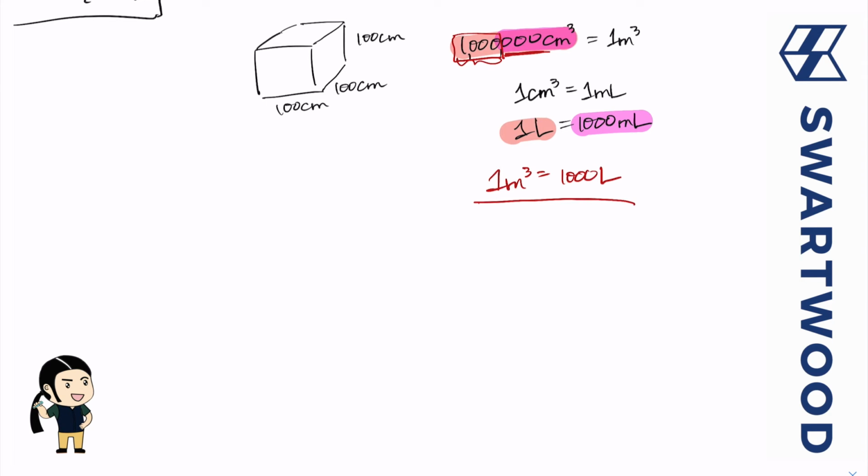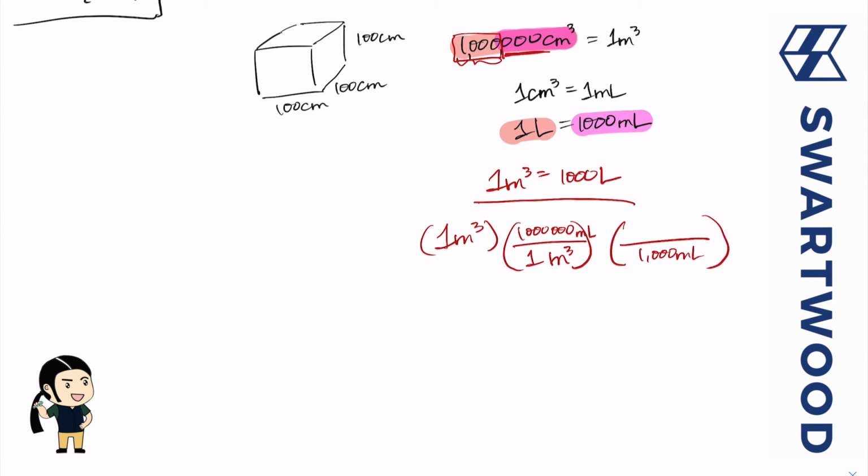So we can also do this formally, right? We can take 1 cubic meter, and that's worth 1,000,000 milliliters. I was going to write cubic centimeters, but might as well just write milliliters. And then on this side, we have 1,000 milliliters in 1 liter.